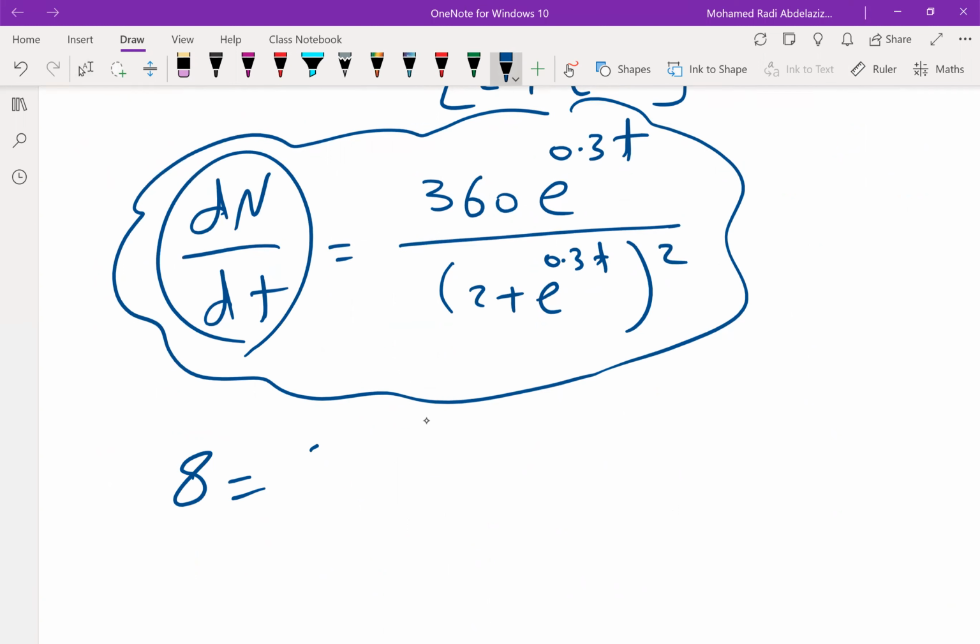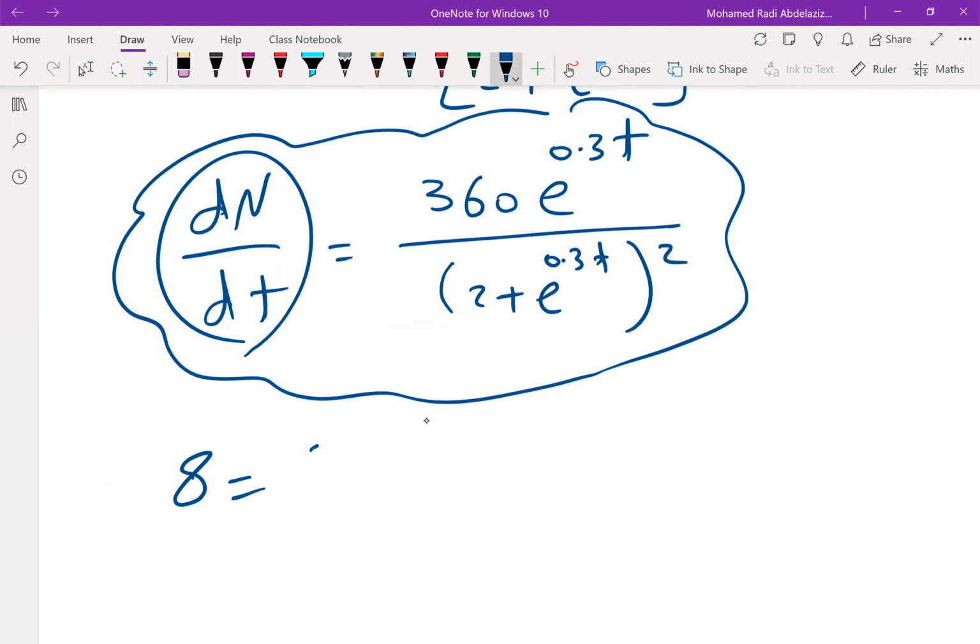Solve this quadratic equation to find the value of u. You will get u is 40.9 or 0.0977.